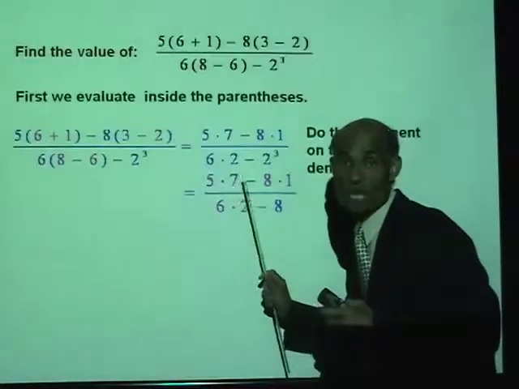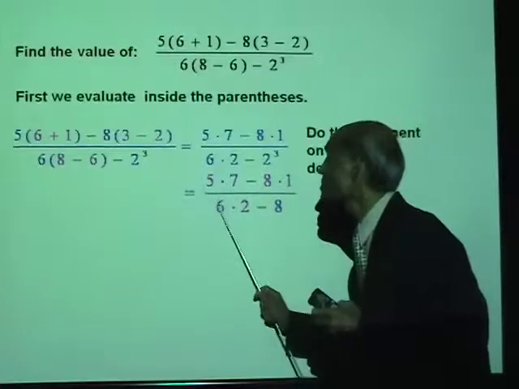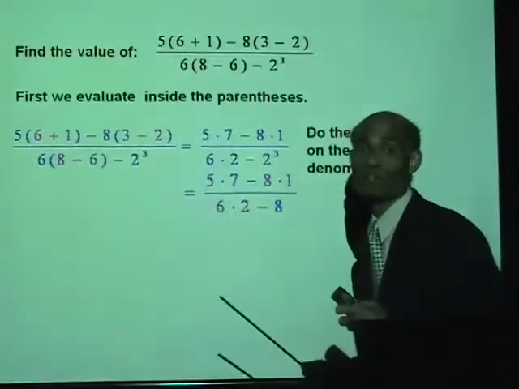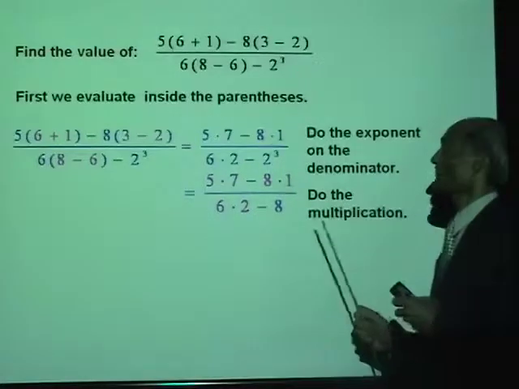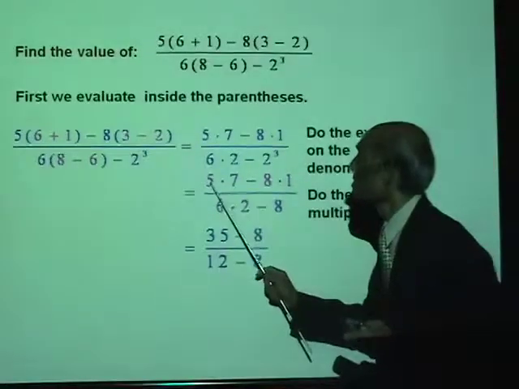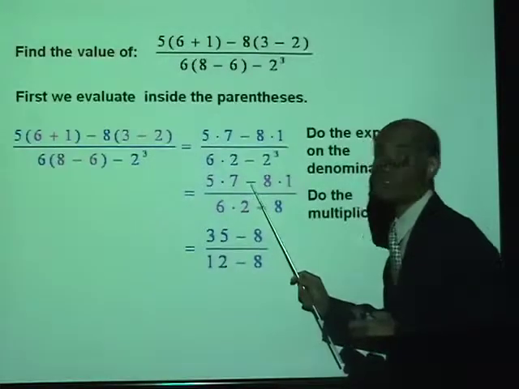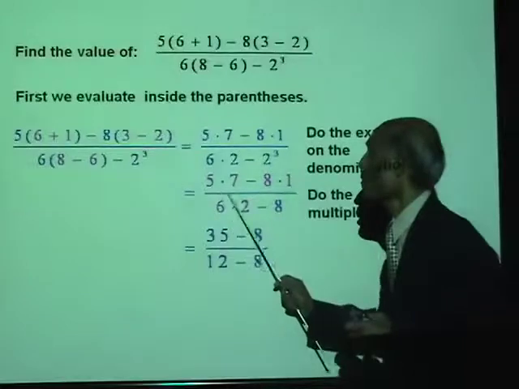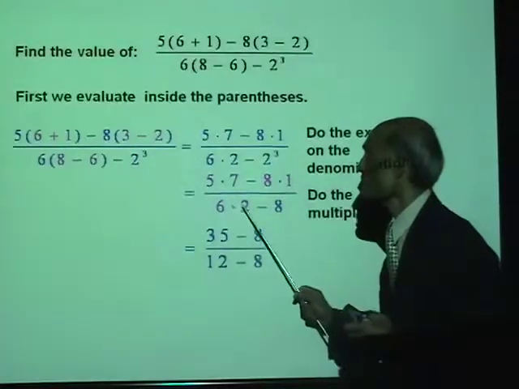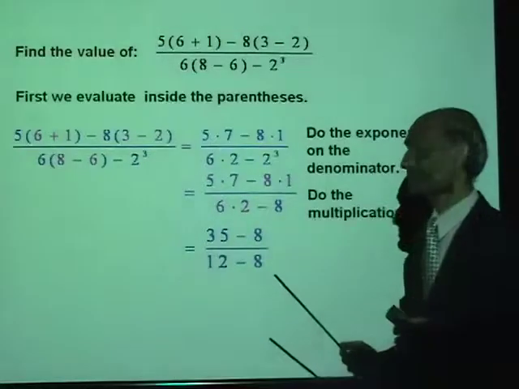Okay, what is the next thing that you will do? In the next step, you will do multiplications, and that's why I have used colors again there. Do the multiplications. And that will be 5 times 7 is 35 minus 8 times 1 is 8, all over 6 times 2 is 12 minus 8.